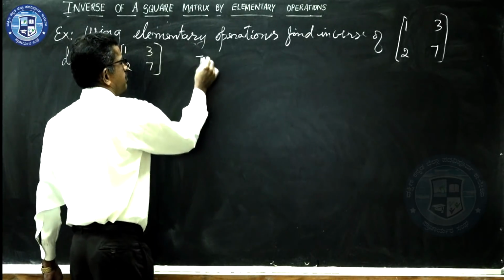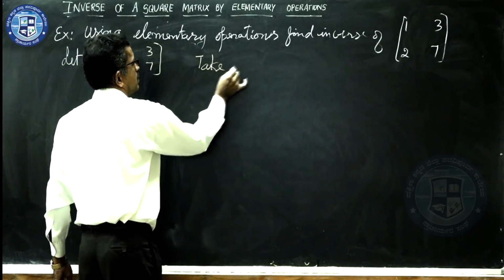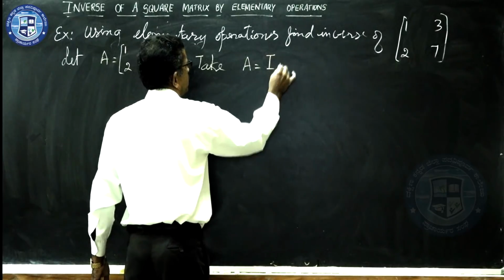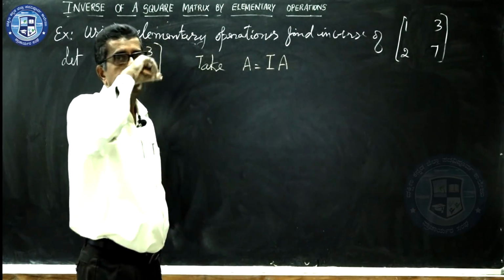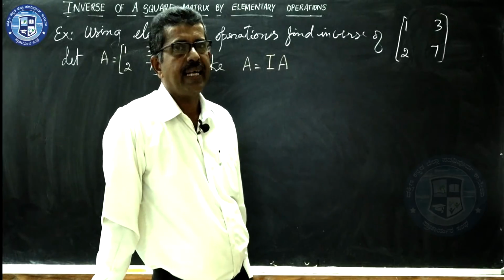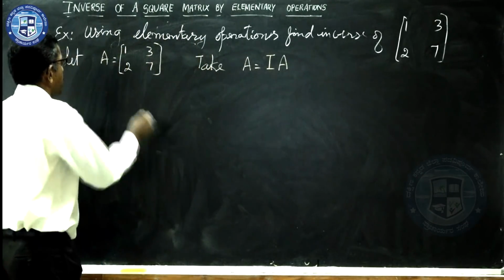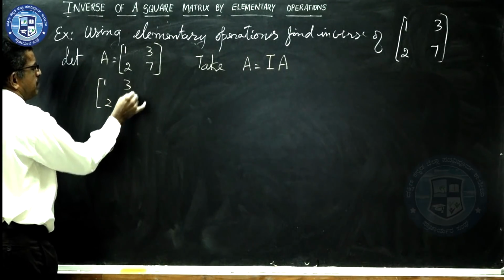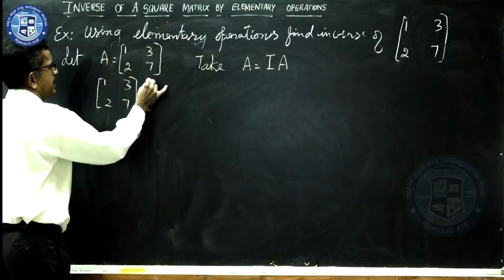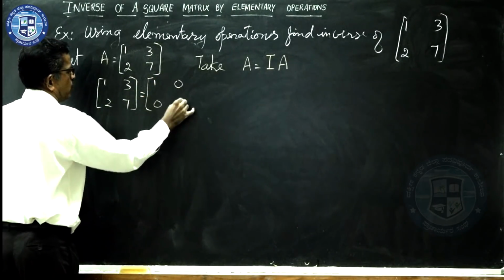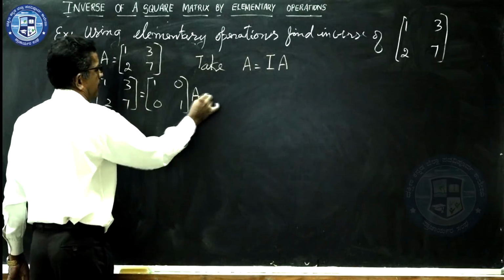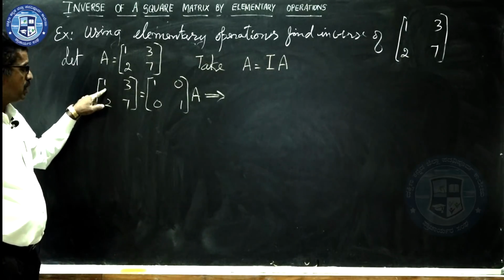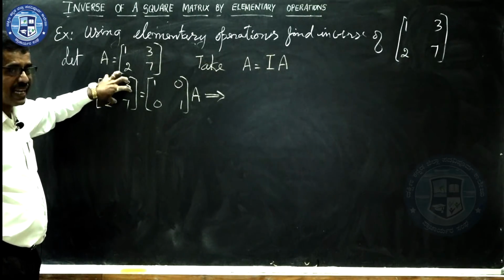First, we need to take A is equal to I into A. We expect here A is 1, 3, 2, 7, which is equal to the identity matrix 1, 0, 0, 1 into A, which further implies your aim is to make this one the identity.